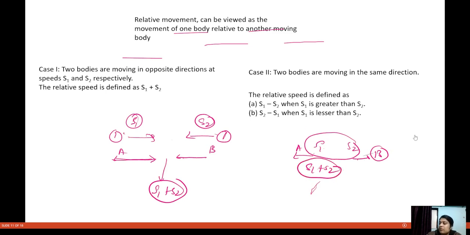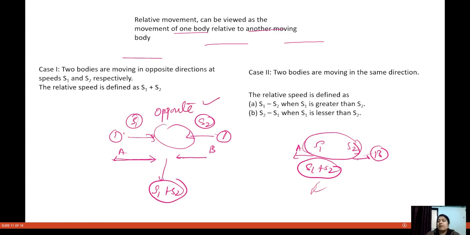Because you are moving far from me with speed s1 and I am moving far from you with speed s2, the distance is getting increased, so we are moving far from each other with the speed s1 plus s2. So this is when we are moving in opposite directions.